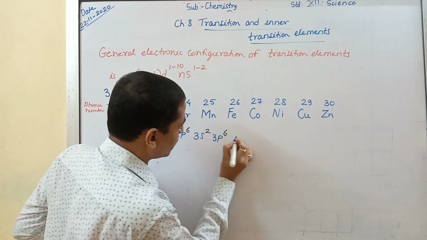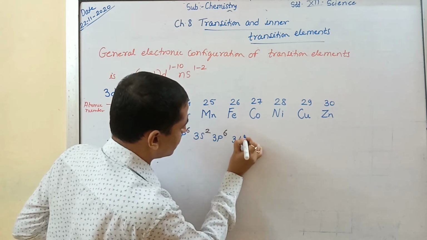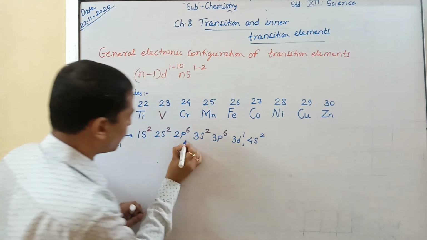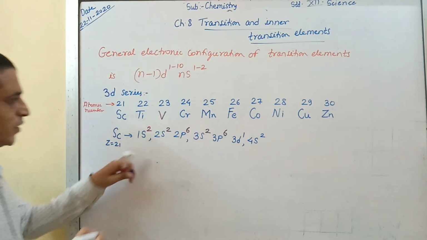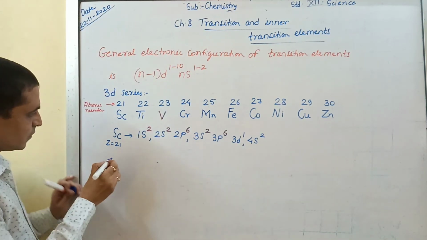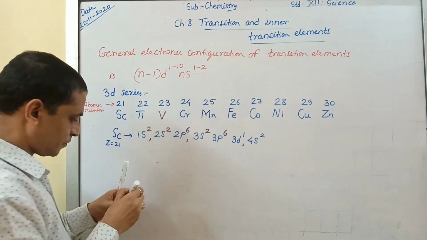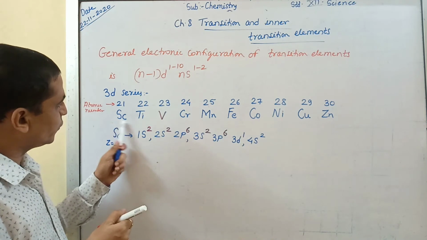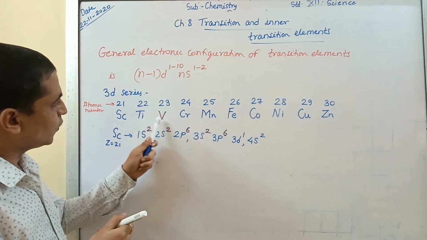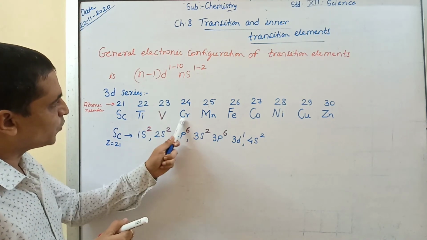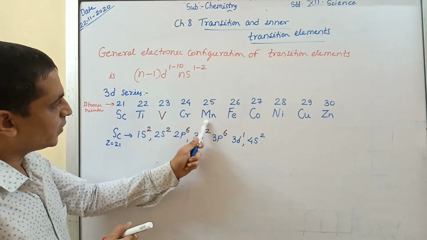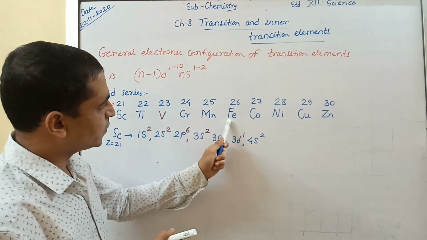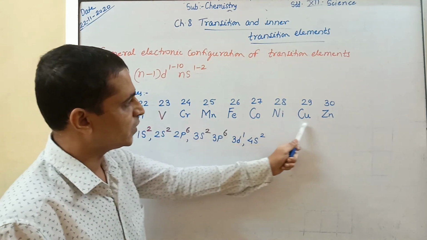So here you get what? 3d1 and here 4s2. This is the proper sequence of writing the electronic configuration. Here, for scandium you get 3d1, for titanium you get 3d2, for vanadium 3d3, for chromium 3d4, and for manganese you get what? 3d5, similarly 3d6, 3d7, 3d8, 3d9, 3d10.